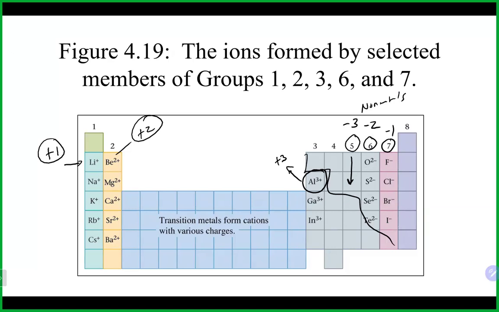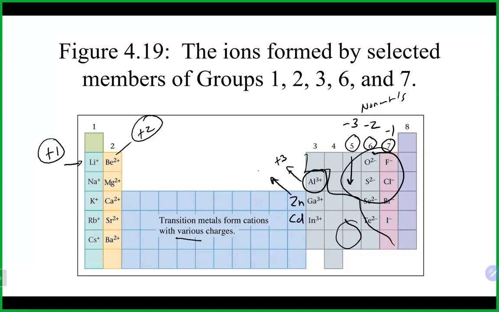And again, we're talking about the minus side, the non-metal region, because what's below the staircase are actually metals, and they're positively charged. So we're talking about negatively charged non-metals above it. By the way, the transition metals have various charges like we talked about, but there are actually 3 members of the transition metals that have fixed charges, and that is zinc and cadmium.